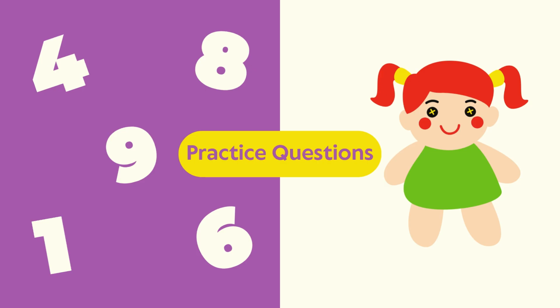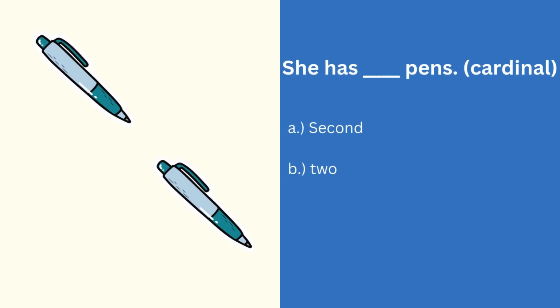Okay, next, practice questions. Now guys, let's try some practice questions. I will read each question and you can think of the correct answer. Okay? For the first question, she has blank pens. The answer is a cardinal number.